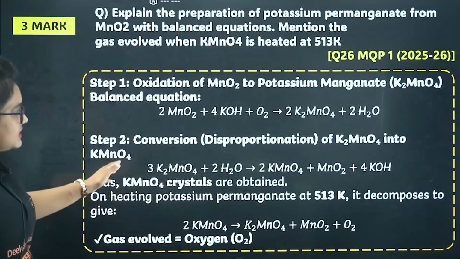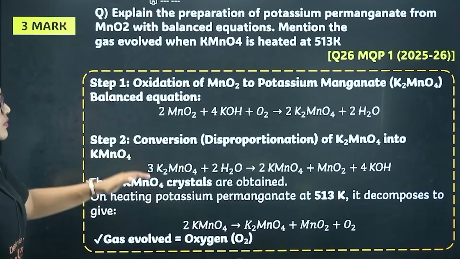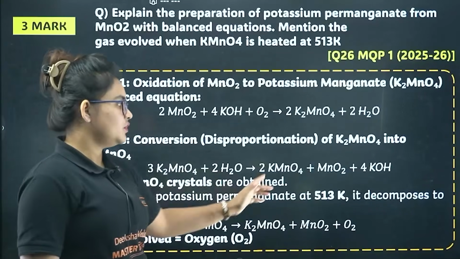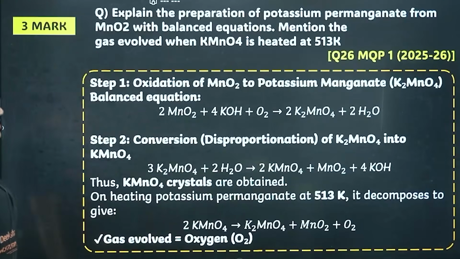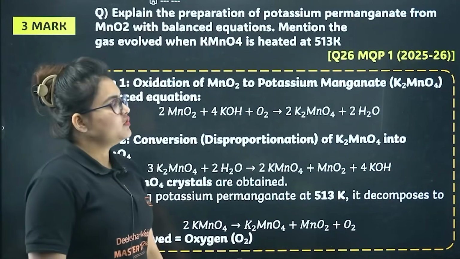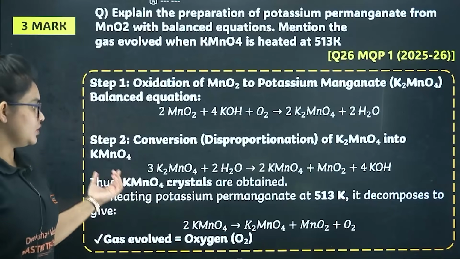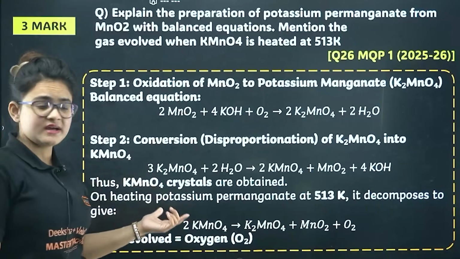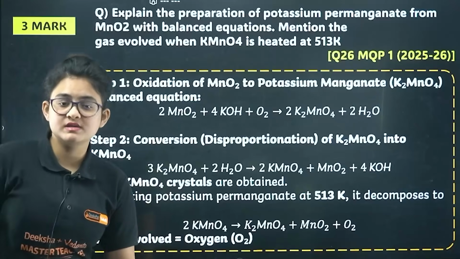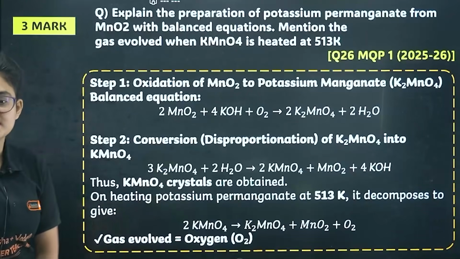After that, a disproportionation type of reaction takes place: K2MnO4 gives KMnO4 plus MnO2. Next, mention the gas evolved when KMnO4 is heated. We already did this in the fill in the blanks. If KMnO4 is heated, you will get K2MnO4 plus MnO2 plus oxygen gas.